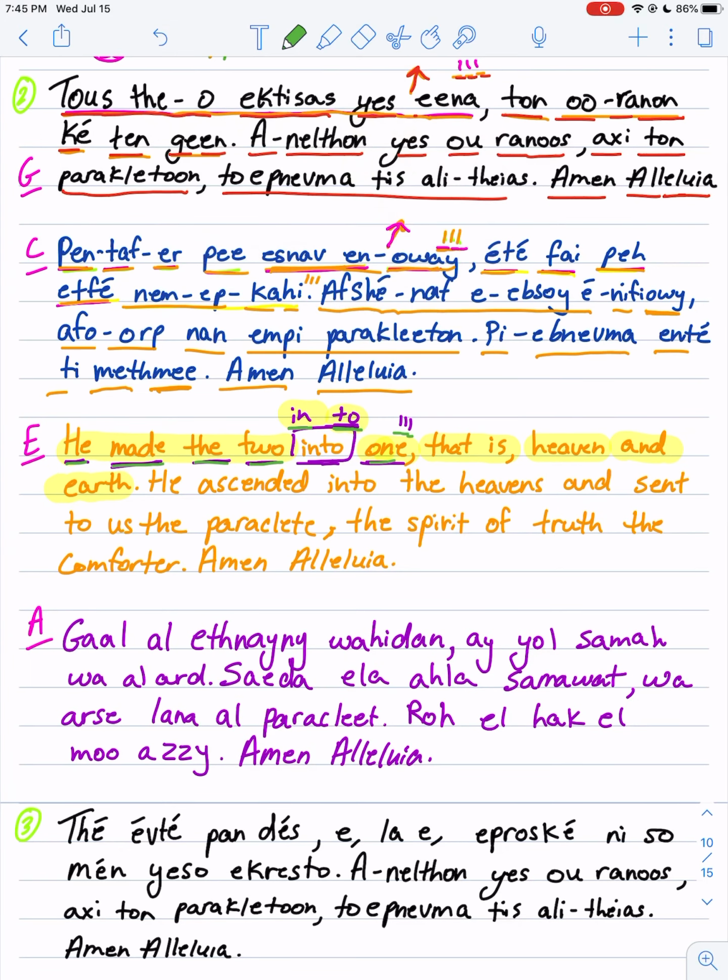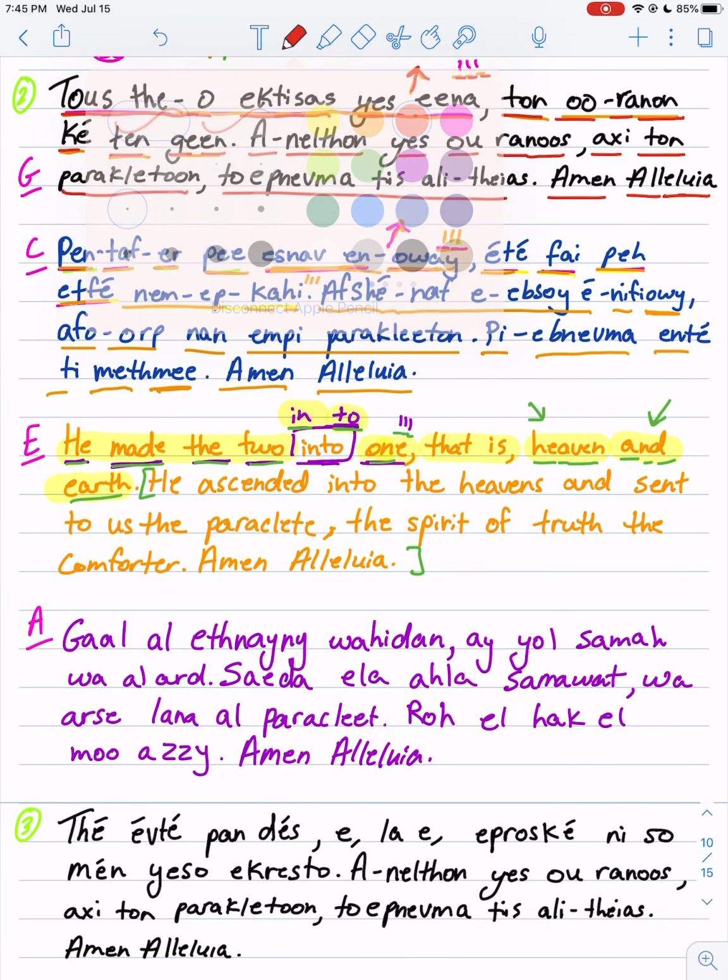So if you noticed, we spend a little bit more time here and here. So listen. He made the 2 into 1. That is heaven and earth. One more time and we'll say it with the refrain, He ascended.